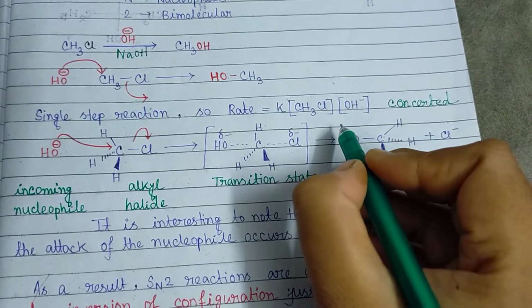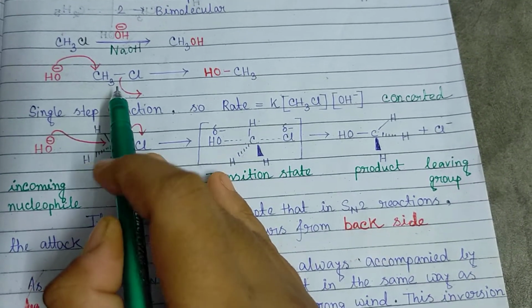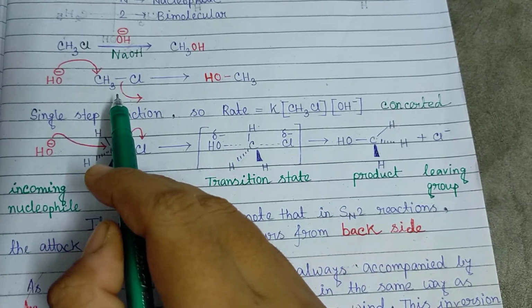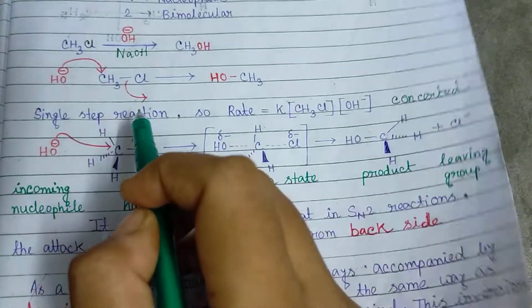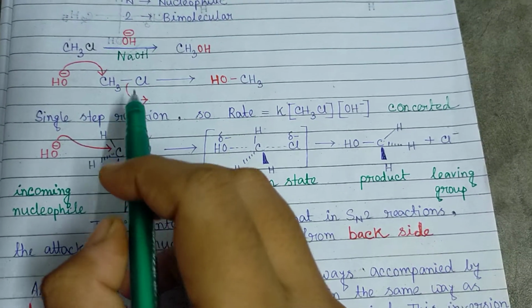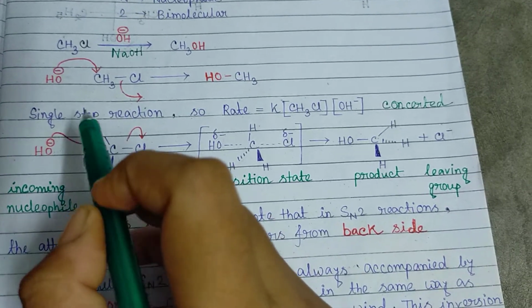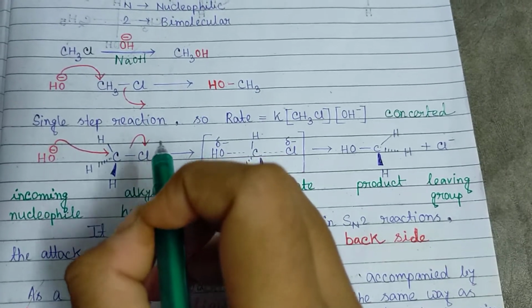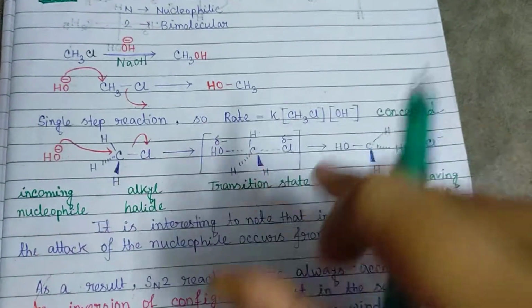So there are two species involved in the step of the reaction which is the rate determining step here, and it is also a single step reaction. So this step is the only rate determining step. Here both species are involved, so it is known as a bimolecular reaction, and the name given for that is SN2.